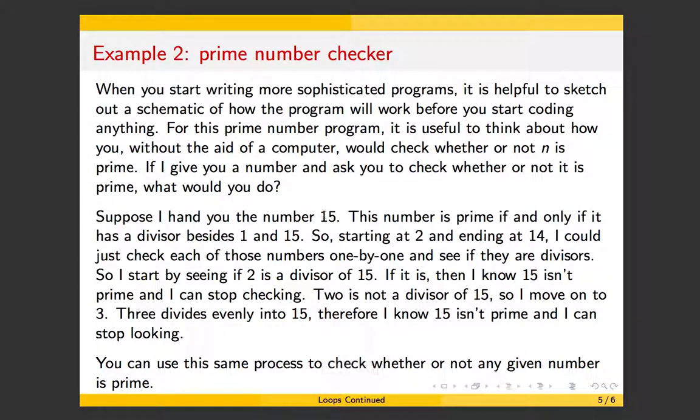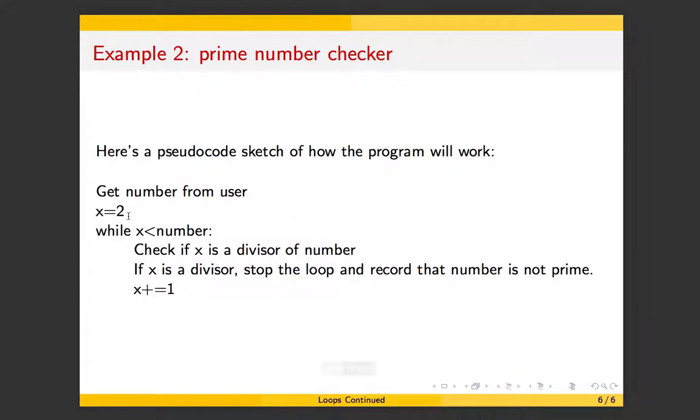Just like with 15, you don't want to start at 1 because you don't care about 1. You care about numbers besides 1 and 15. So I'm going to start at 2, and then notice at the end of this loop, x increases by 1. So x is just a dummy variable whose only purpose is to be all these intermediate numbers for my divisor checks. So I start x at 2.